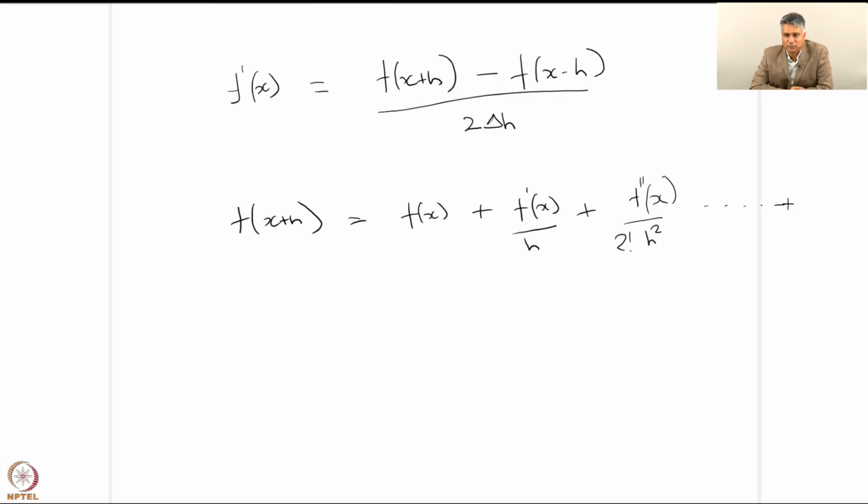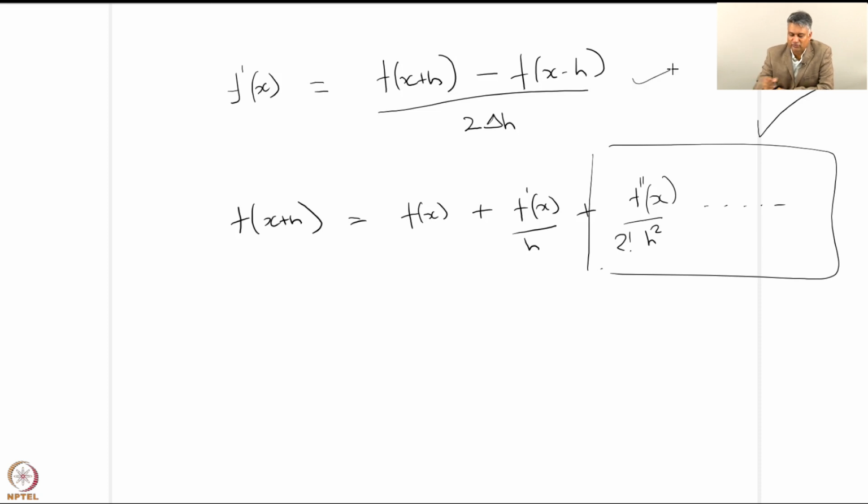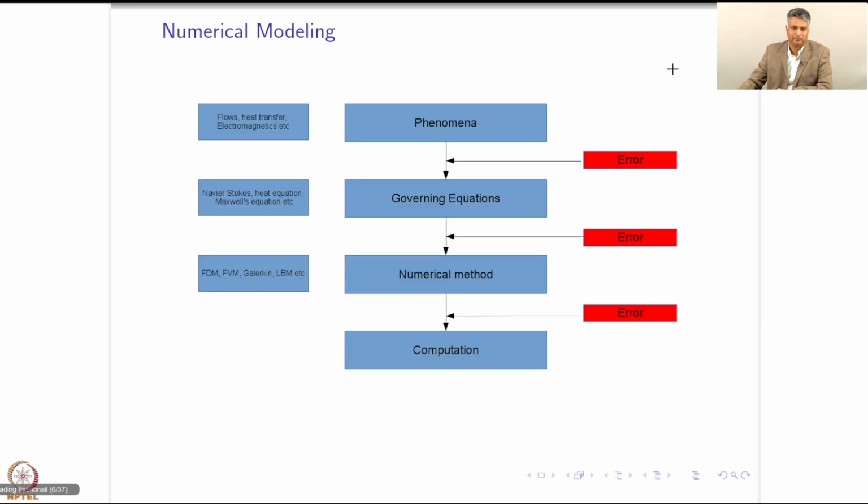I may not be completely accurate with all these terms, but you understand the principle that there are these higher order terms, and we tend to neglect them, and then we get something of second order accuracy. So this is where we again introduce another source of error.